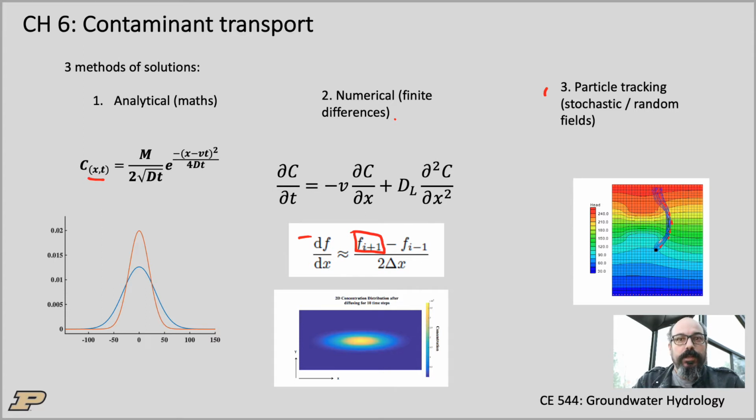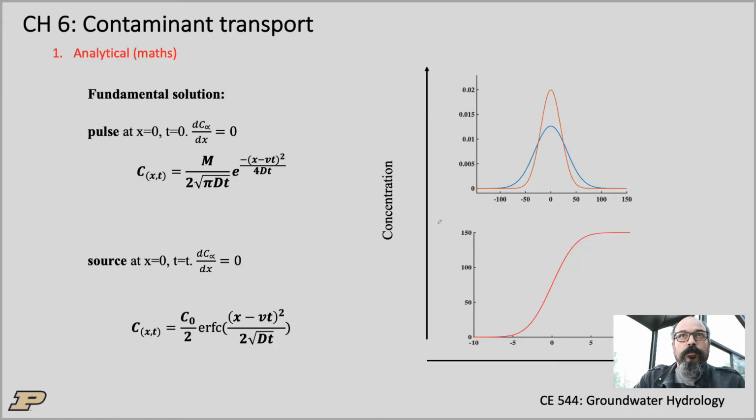Okay, so the first one is analytical solutions. Again, the Gaussian solution here is C of x and t equals m over 2 square root of pi Dt, times exponential of minus (x minus vt) squared over 4Dt. This solution here you should maybe not memorize, but remember that this is a Gaussian.